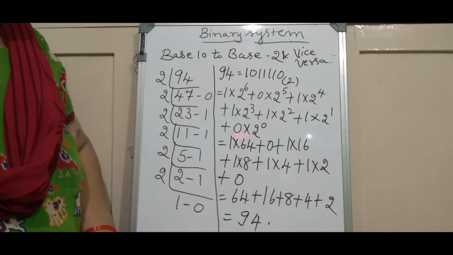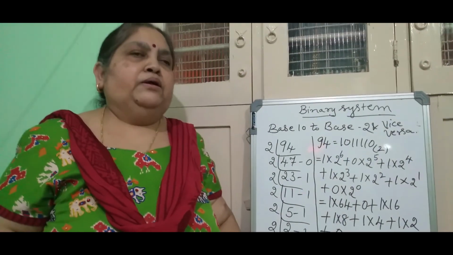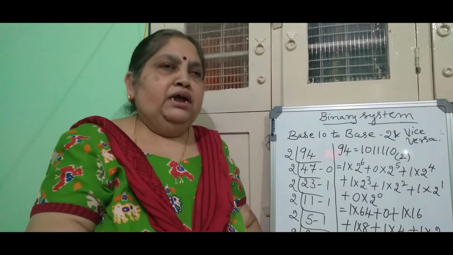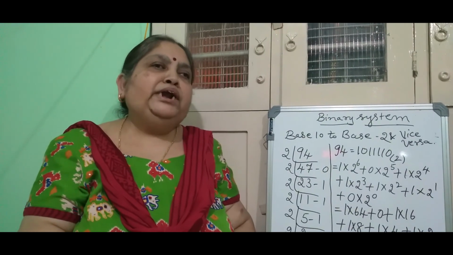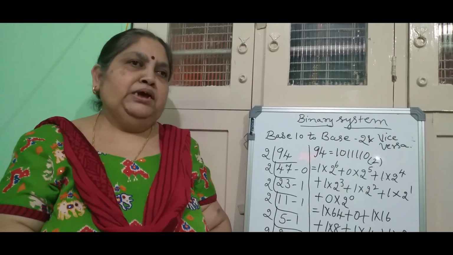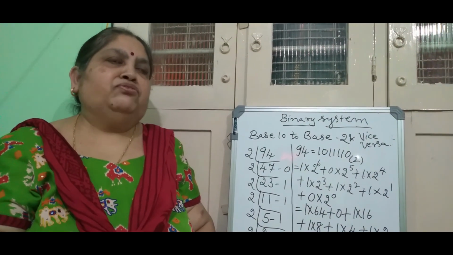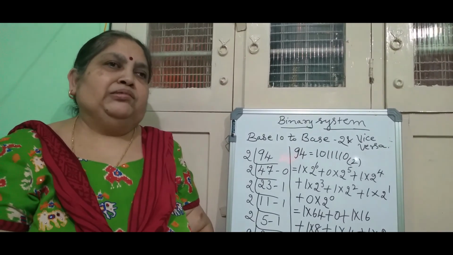So this is how we represent this binary system, and hereby I am concluding this unit 1 regarding the binary system. Next unit I am going to tell you about the addition and subtraction of binary numbers.